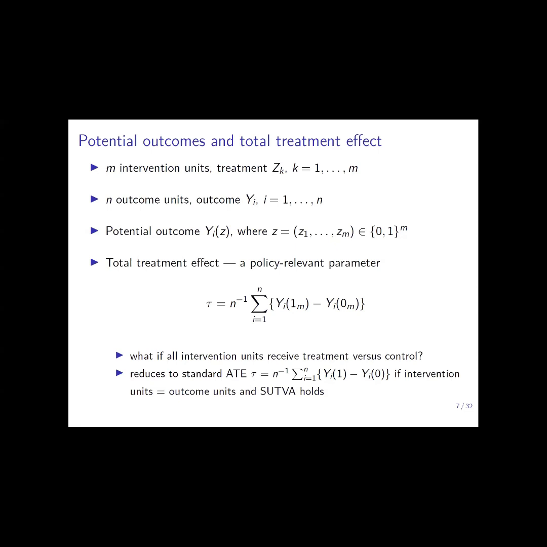The intervention units are identical to the outcome units. And the traditional literature assumes my outcome only depends on my treatment. That's y_i(1) and y_i(0), very simple, two potential outcomes. And we compare y_i(1) and y_i(0) averaged over units. That's the traditional average treatment effect. So I just want to convince you there's no surprise if you go back to the traditional literature.